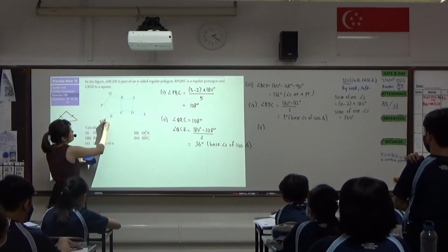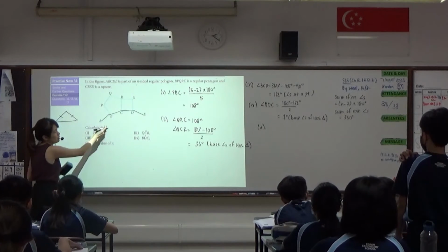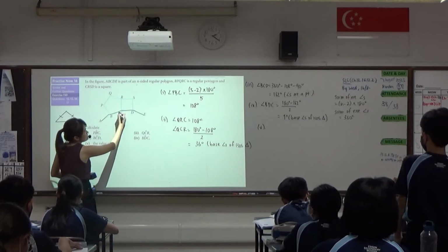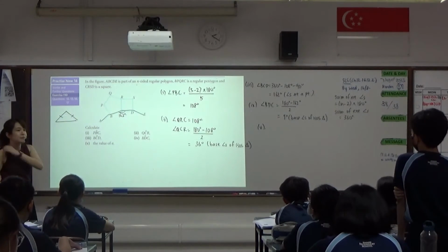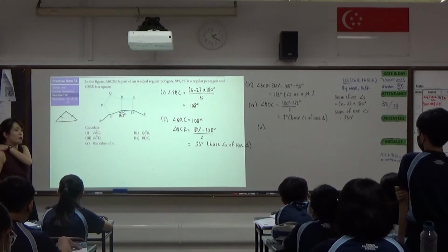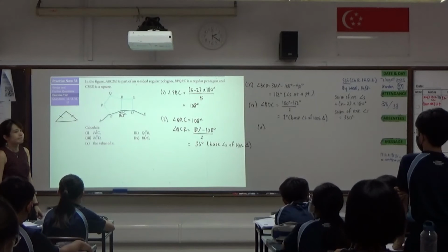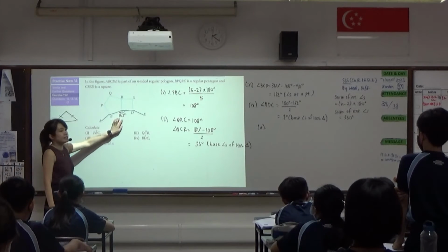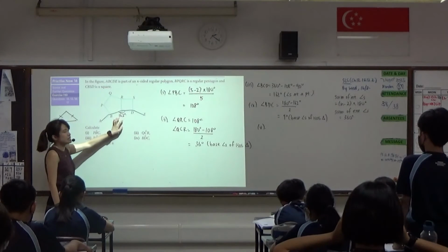Okay, n is the number of sides in this incomplete polygon. I know that this is already 162 degrees, and it is a regular polygon. What kind of angle is this called with regard to a polygon, interior or exterior?